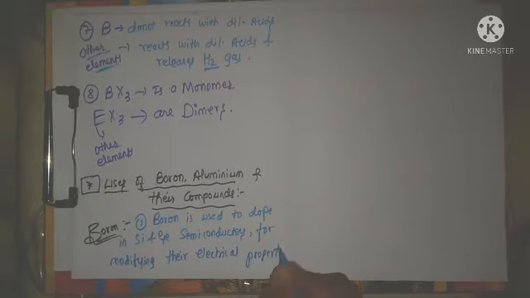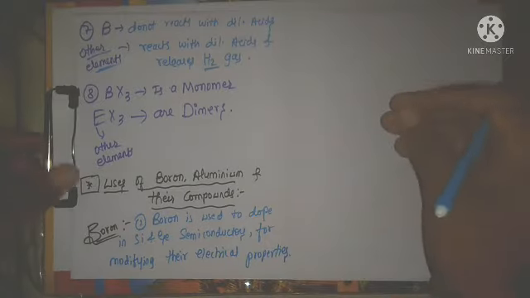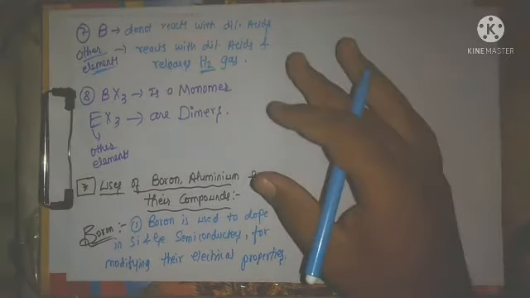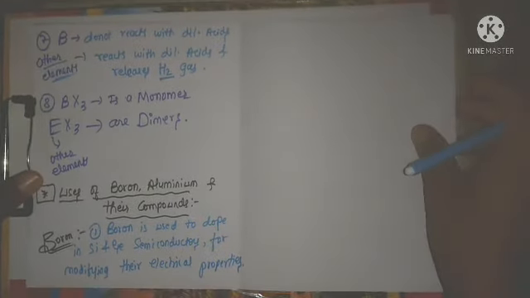Means for changing the electrical properties of the semiconductors, those semiconductors should be mixed with boron. Correct? Now this is one of the uses of boron.